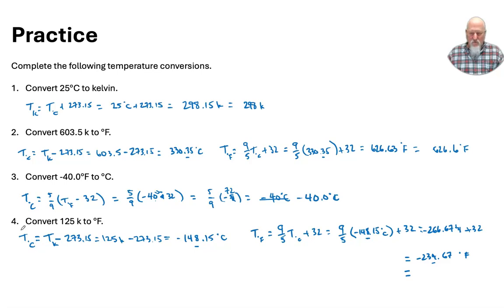We should stop where the 4 is. We should round up though because there's a 6 after it. So negative 235 degrees Fahrenheit. Right? Using temperature conversions, that's how we do it. That's the end of chapter 1.